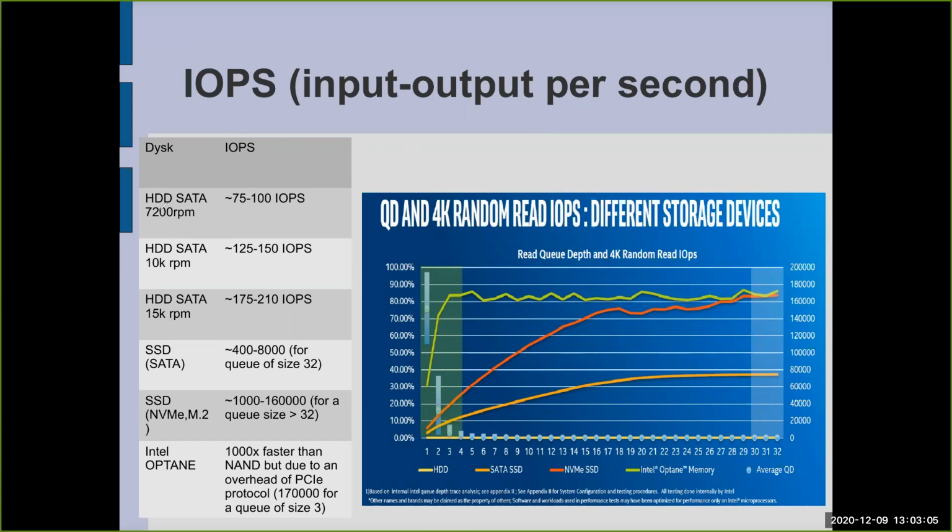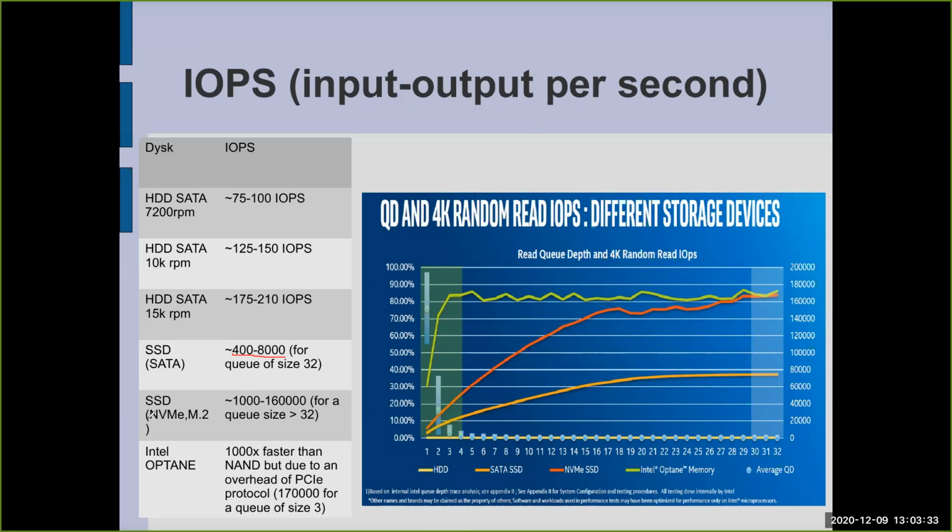For a hard drive, I can perform 75 to 100 IOPS. For server hard drives, I can generate more IOPS. For an SSD, I can do 400 to 8,000 IOPS.